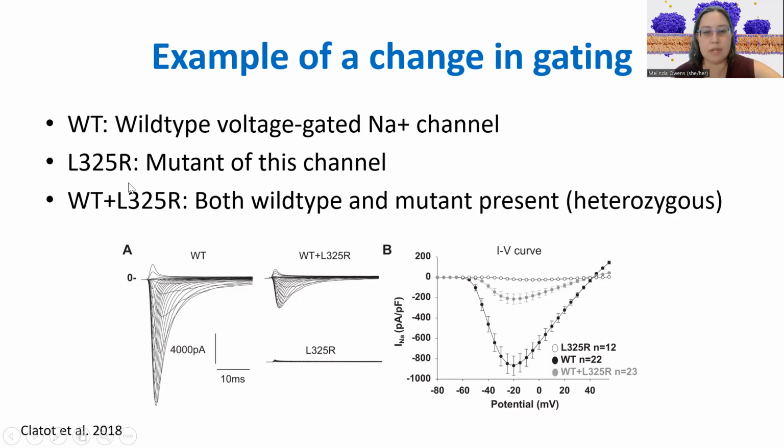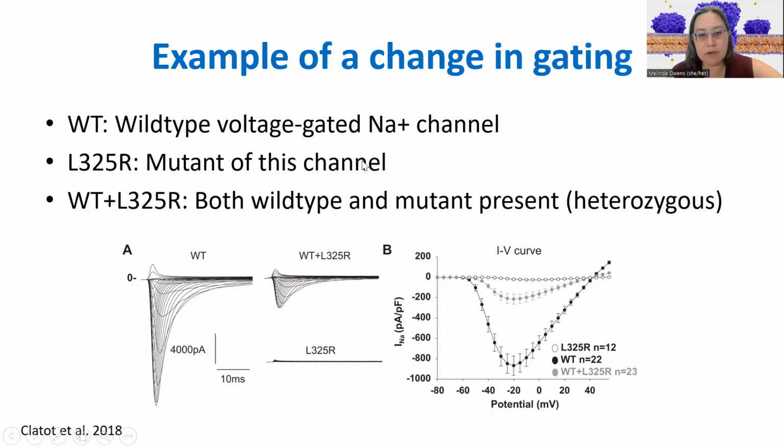This is the mutant, and this is both. You can see the mutant is the open circles. This mutant basically doesn't open. The current is flat the whole time. Actually, the authors said that perhaps the mutant channel doesn't even reach the membrane. That the mutation prevents it from going to the membrane.